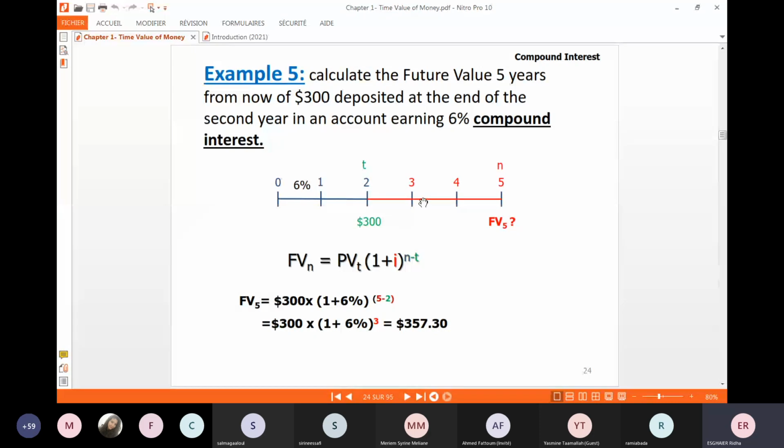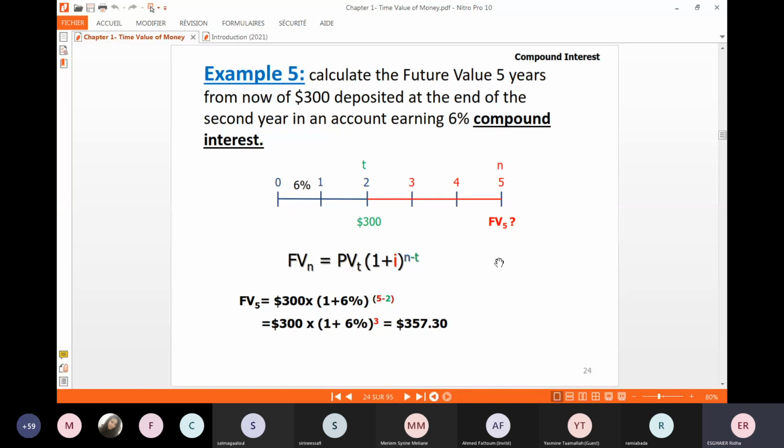From 2 to 5 we have 1 year, 2 years, 3 years, so 1.06 to the power 3. You'll find 357.3.